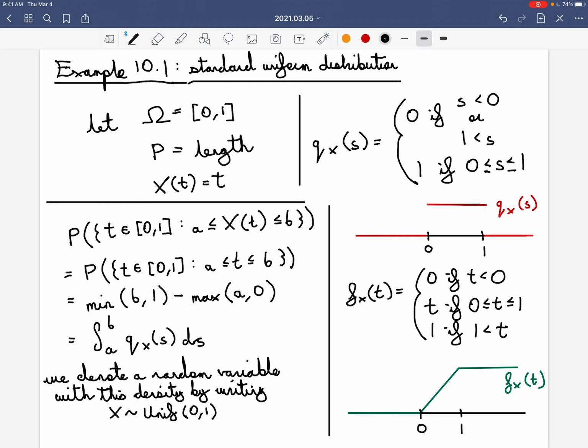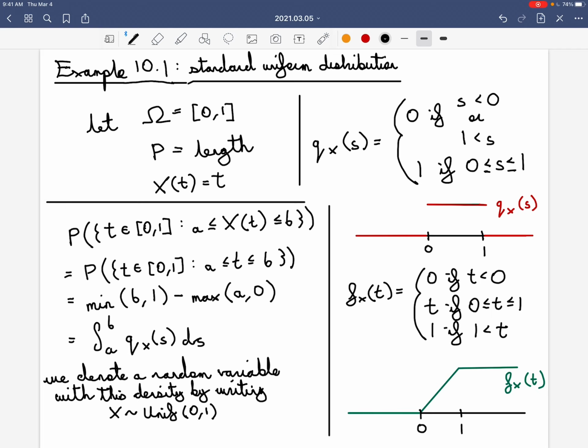It's like throwing a dart at a line on a wall where you have no control over where it hits, and you say the probability that the dart lands in some set is the length of that set, because I'm assuming that it's uniformly distributed over this interval of length 1.